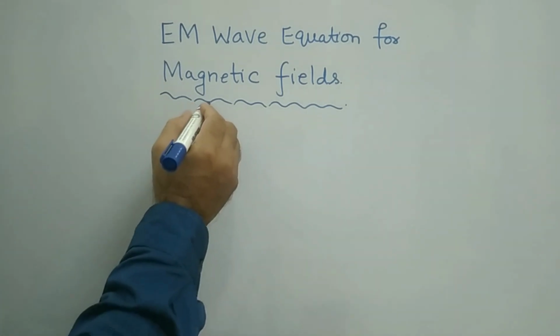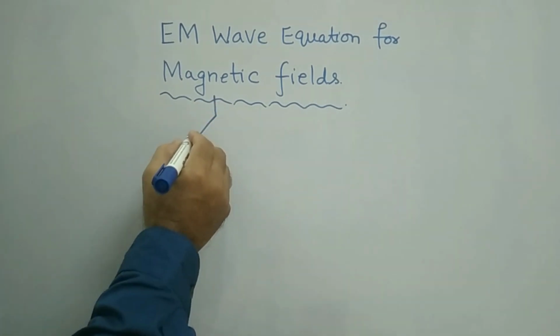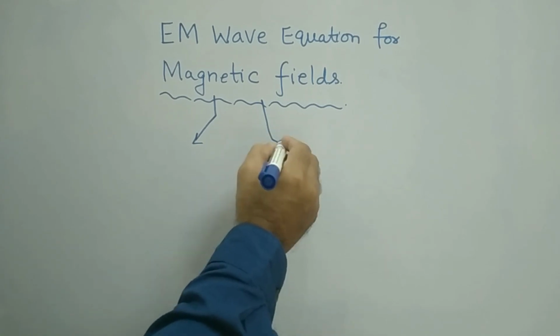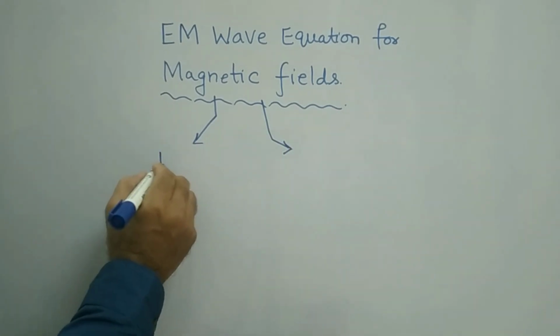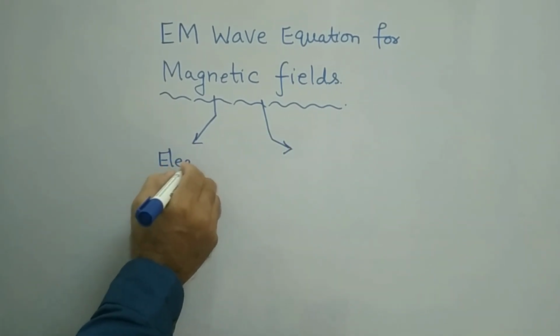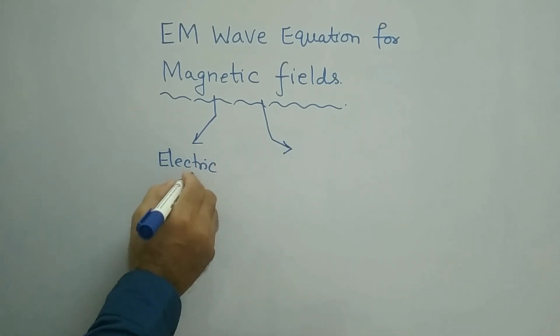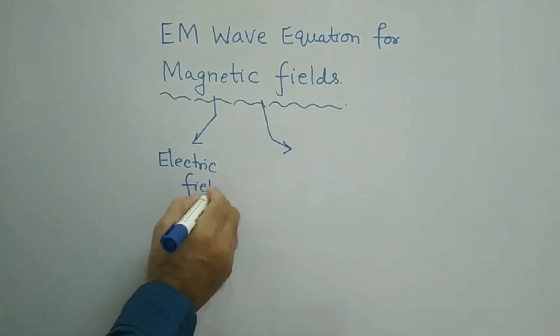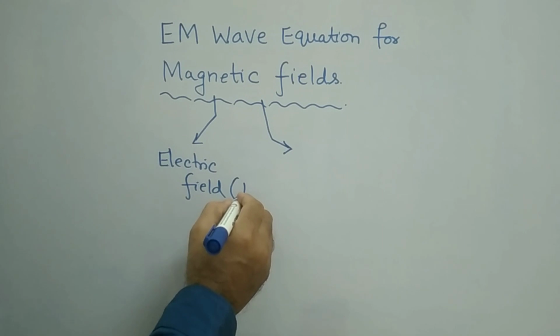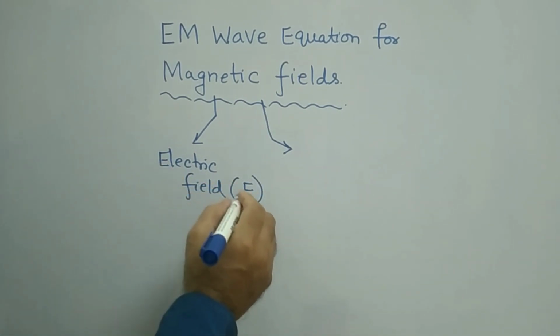As I already explained in the previous presentation, an EM wave is nothing but the combination of the electric field, denoted by capital E, where capital E is the electric field strength.